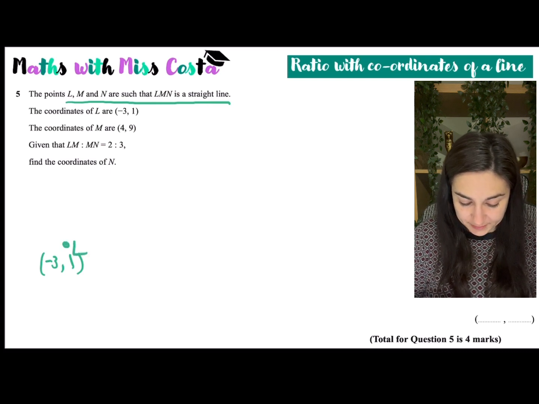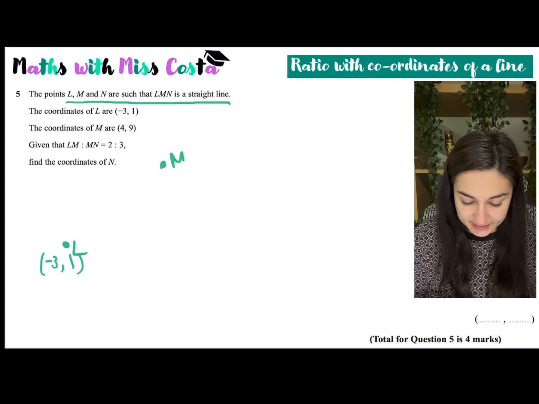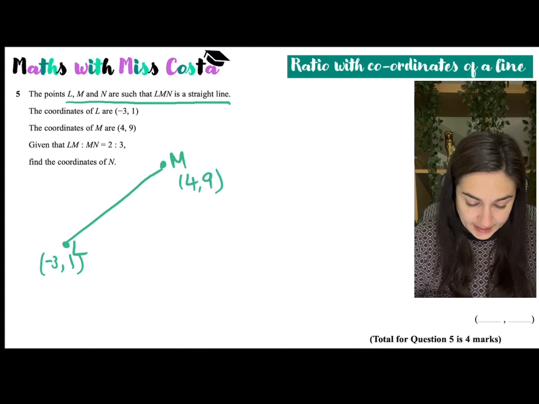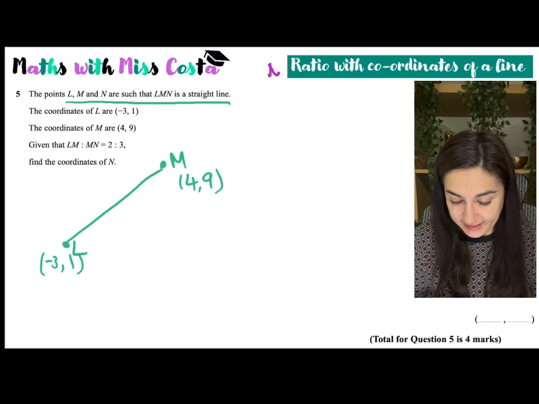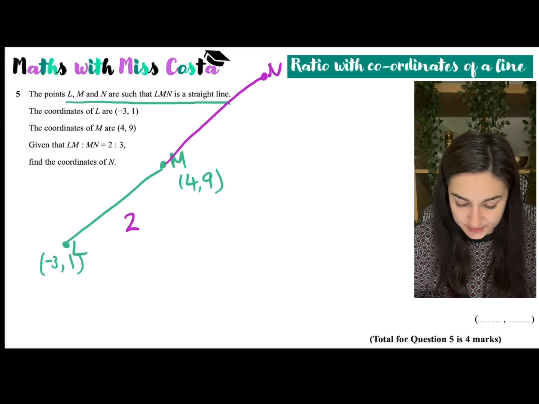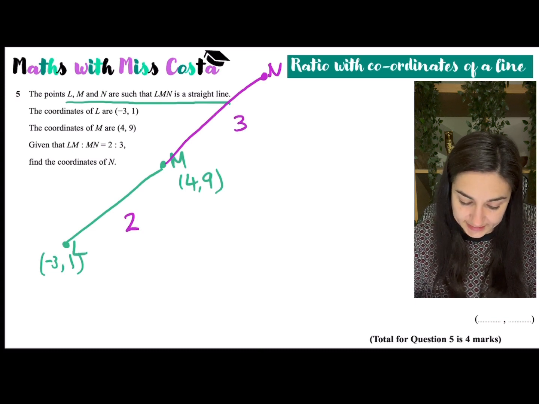So 4 is in the positive direction, 9 is also positive, so M is going to be here, roughly. And N is going to be up here somewhere. Given that LM to MN is 2 to 3, find the coordinates of N.